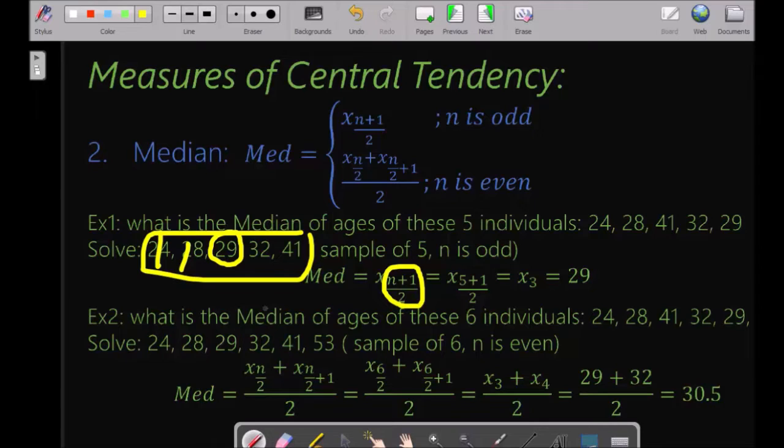These measures, I don't think that you're going to calculate them by hand. Maybe some of you calculate them by hand or do this for academic stuff, but most of us, when we work with data analysis, we use software, so you won't need to calculate them in these equations.